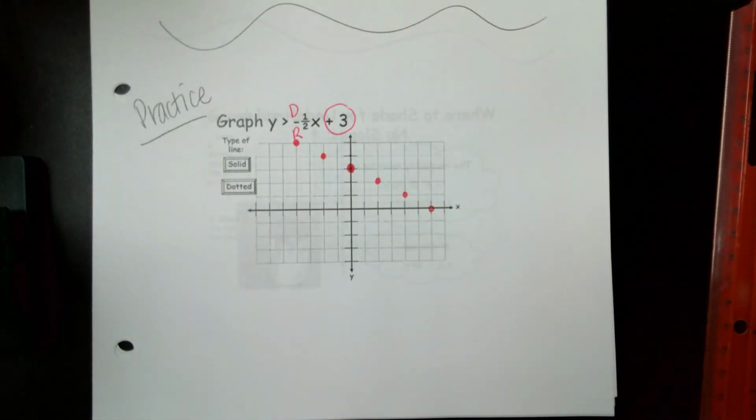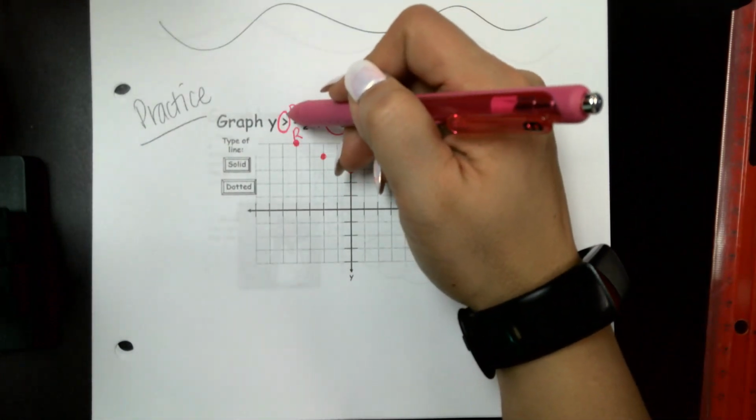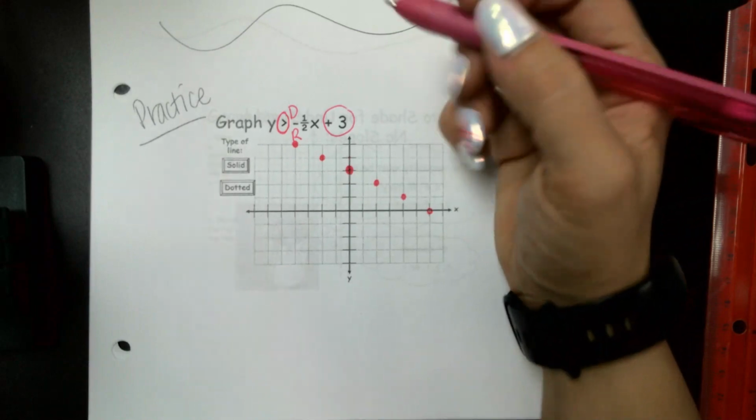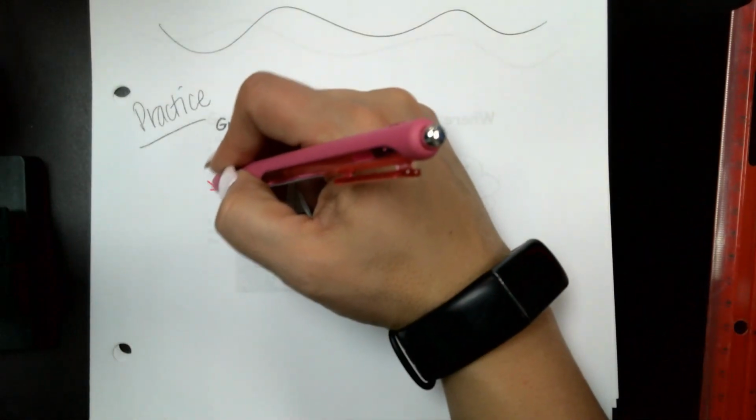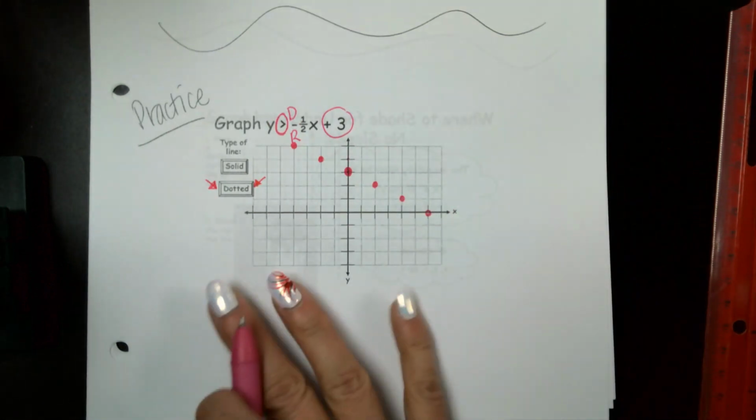Now again, because we're dealing with inequalities, you need to slow down and think about this before you put your ruler down. Did this symbol have an equal sign? Okay, so then it is a dotted or dashed line. That's the kind of line we're going to make.